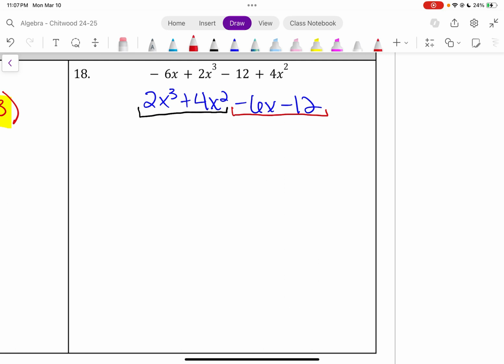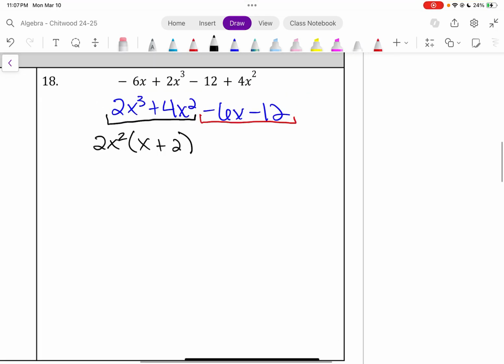The GCF of my first binomial will be 2x squared, and on the inside I will have x plus 2. Then the GCF of my second one will be negative 6, and on the inside I will have x plus 2.